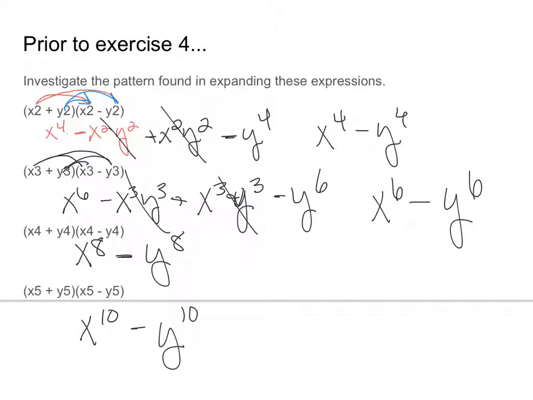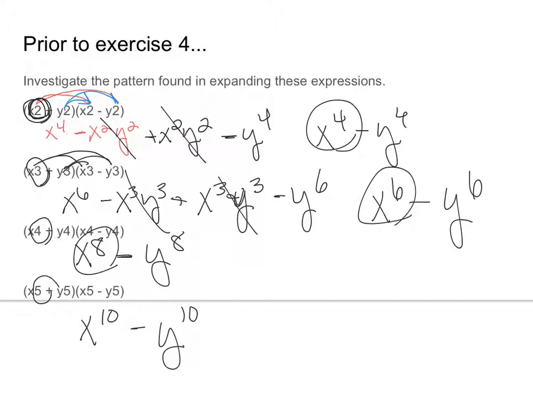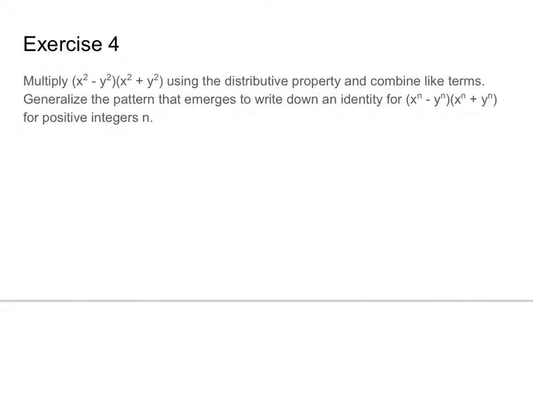Perfect. Let's see how we can use this. With every term, we did 2 times the exponent. It's to the 3rd power, to the 6th power, 2 times the exponent, to the 4th power, to the 8th power, 5th power, 10th power. So that's going to be our generalization. Now we multiply using the distributive property, which we just did, and combine like terms. When we did that, we got x to the 4th minus y to the 4th. But we want to generalize the pattern that emerges and write down an identity for any positive integer n.